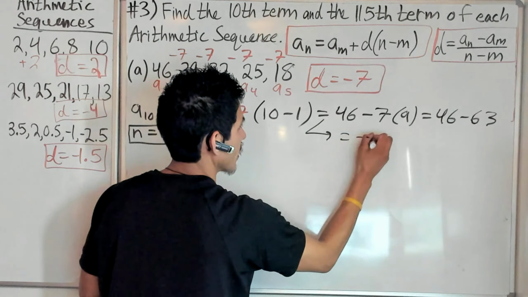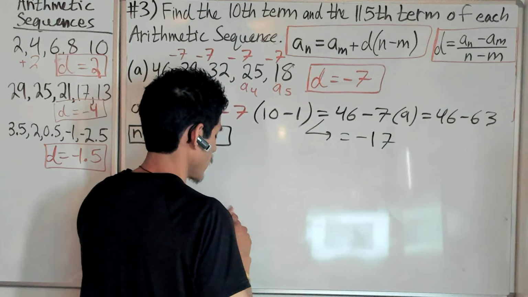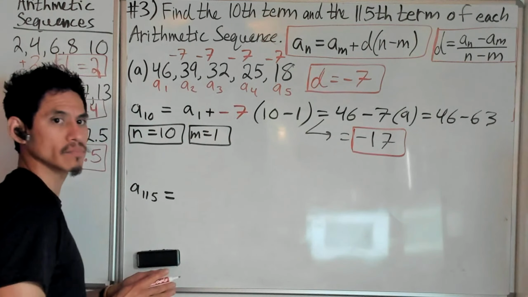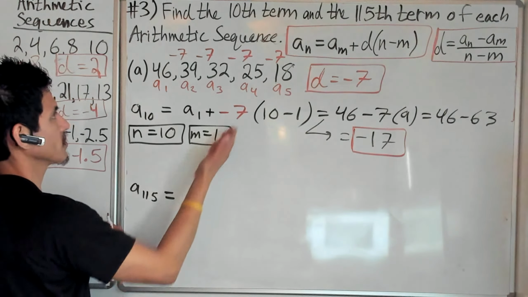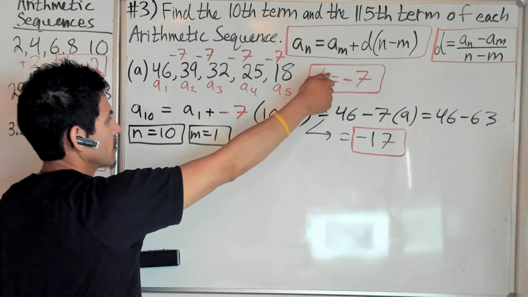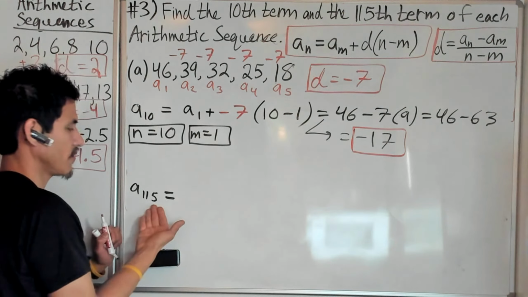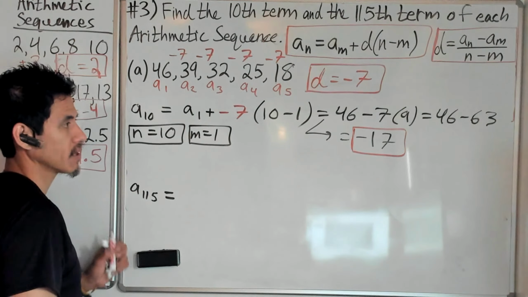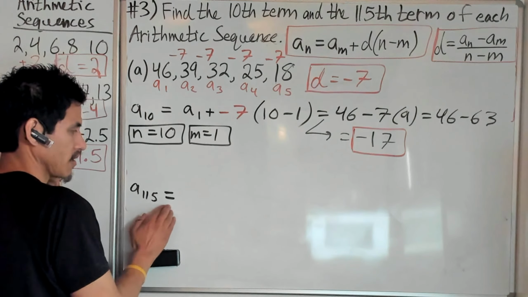And that'll give us -17. Of course, you can always brute force it, meaning you could just keep on subtracting 7 until you get to the 10th term. But if you're going to find the 115th term, you're not going to want to do that, because you'd have to do that 110 more times. So let's look at this example now.